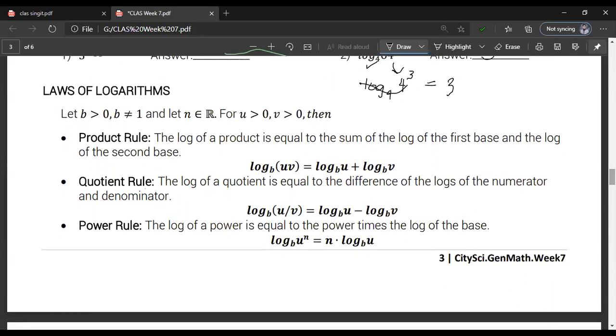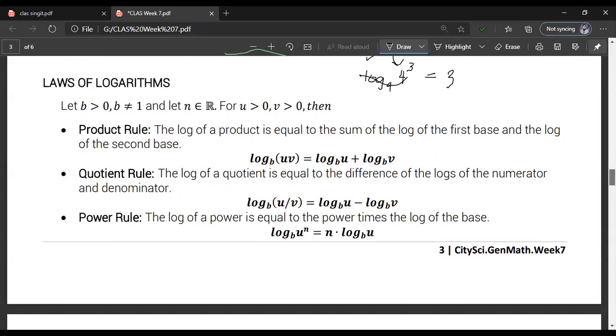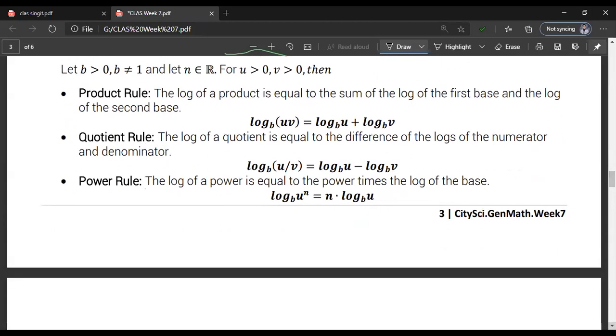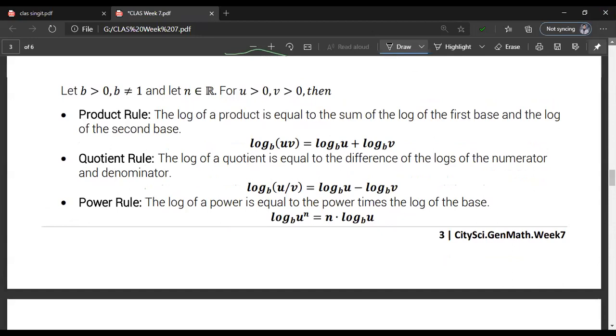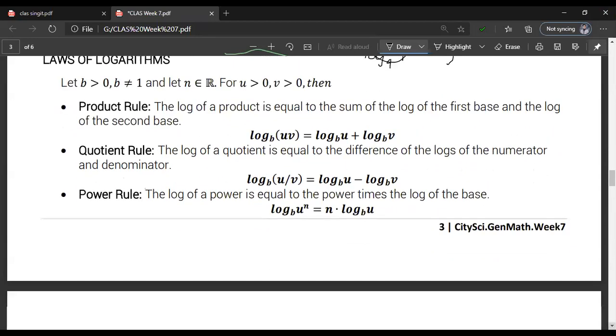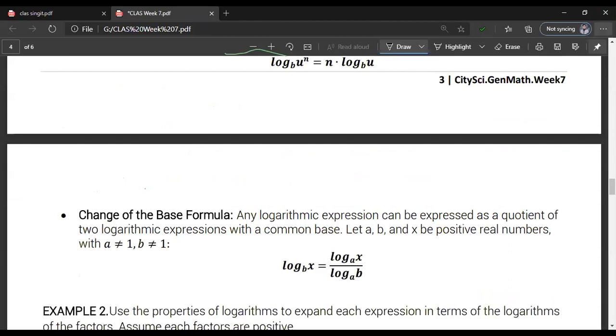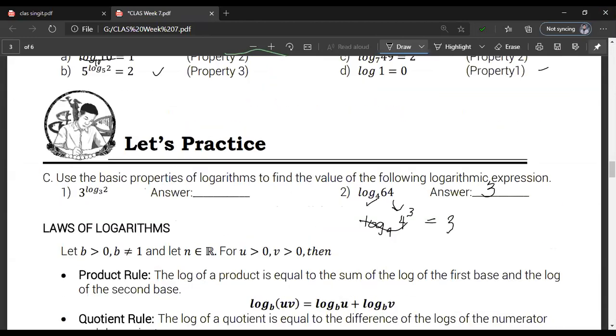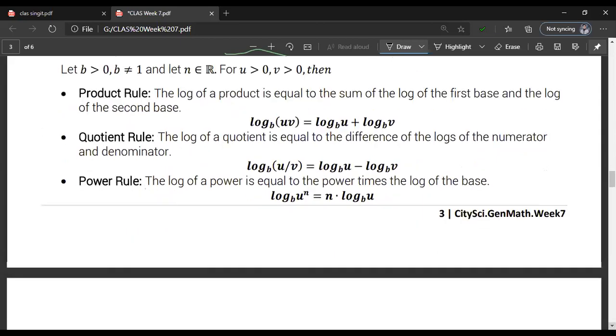So we have 4 laws of logarithm. Hindi ko na i-discuss class yung isa kasi i-discuss ko na lang siya dun sa isa pang learning activity sheet. Ilatag ko lang siya ng maayos para hindi tayo ma-confuse. 4 ba? Or 3 lang?